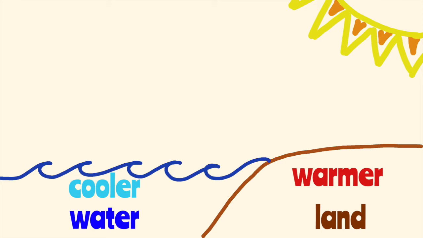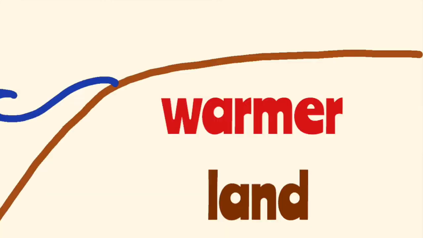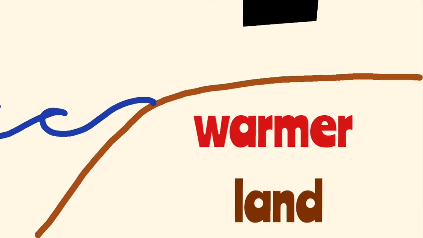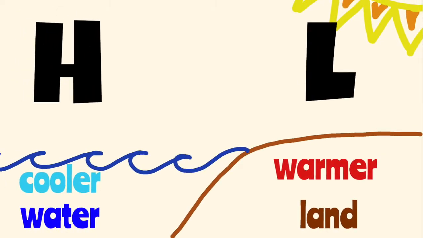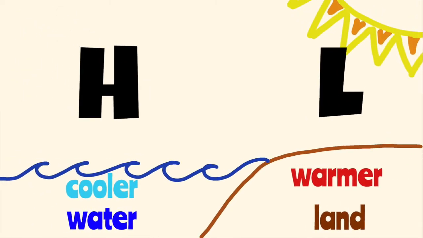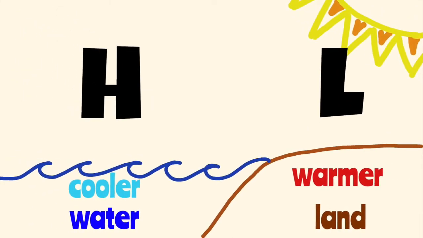So what will form over the land? A high or a low? What will form over the water? A high or a low? The warmer land will create low pressure and the cooler water will create relatively higher pressure. Now, does that mean that it's going to rain over the land down at the beach every single day at 3 o'clock in the afternoon?